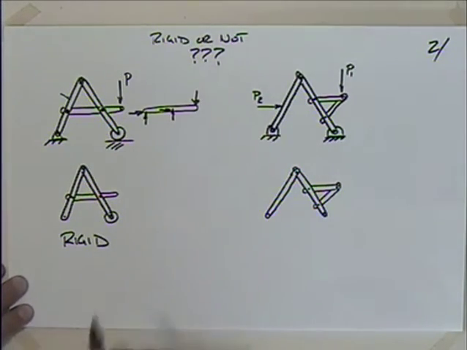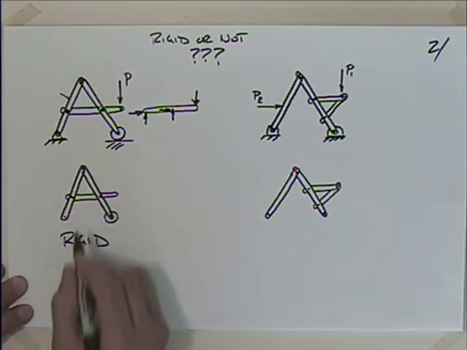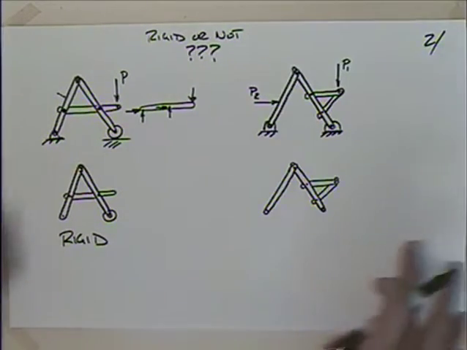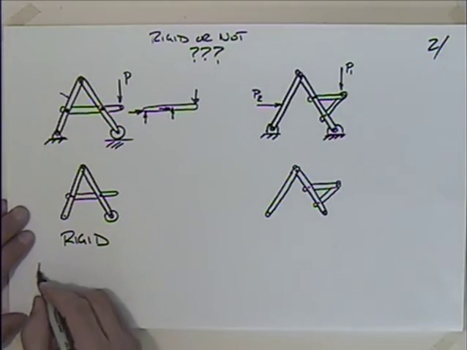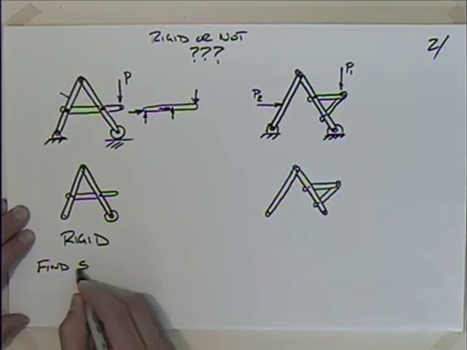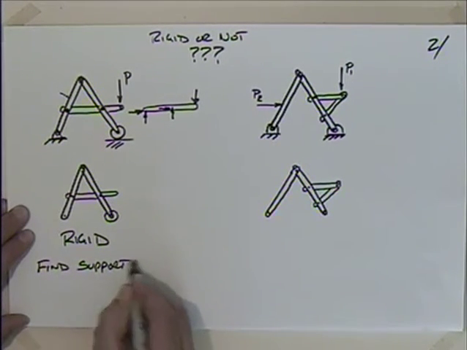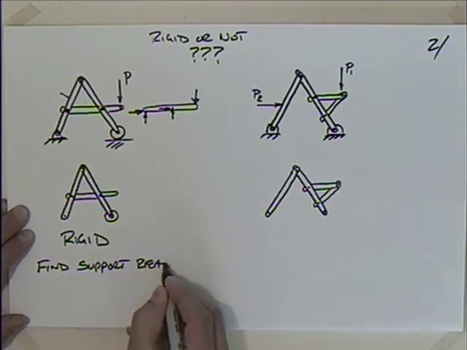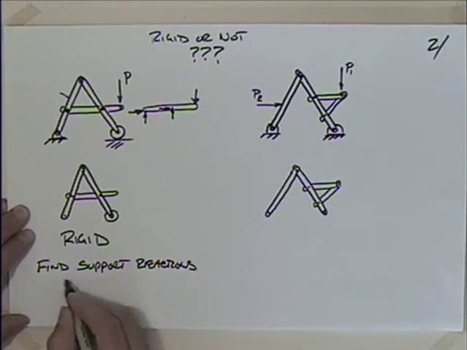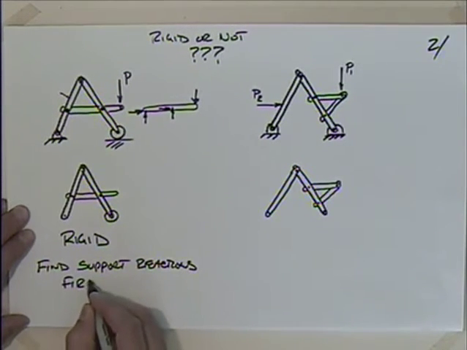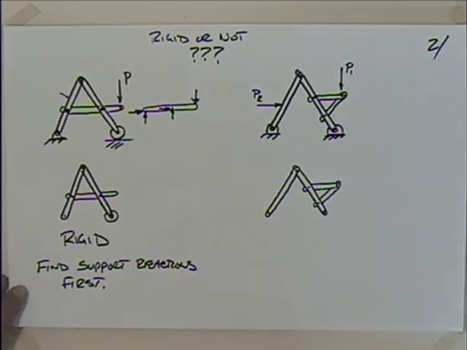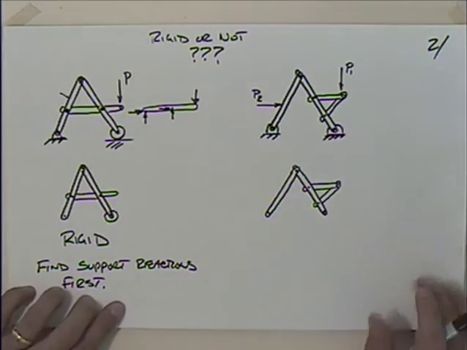And the way we do rigid frames or machines is we usually find the support reactions first, and then we start to work on individual members.